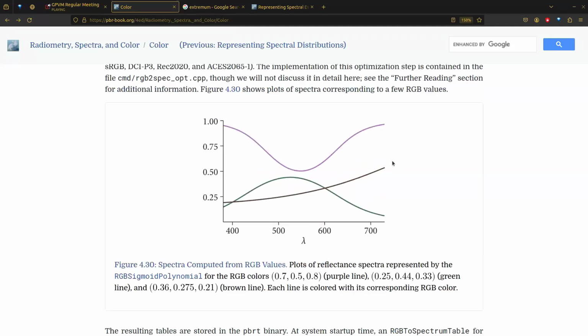Figure 4.30 shows plots of spectra corresponding to a few RGB values, so reflecting spectra represented by the RGB sigmoid polynomial of the RGB colors.